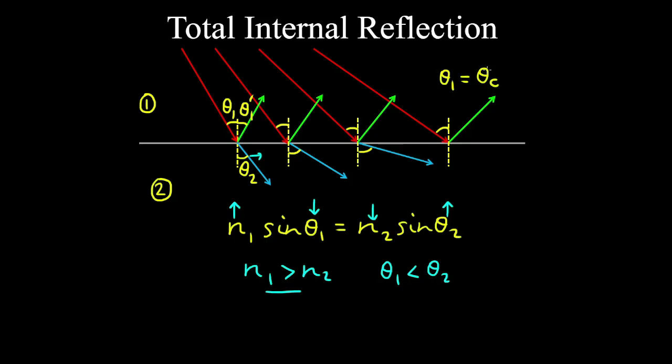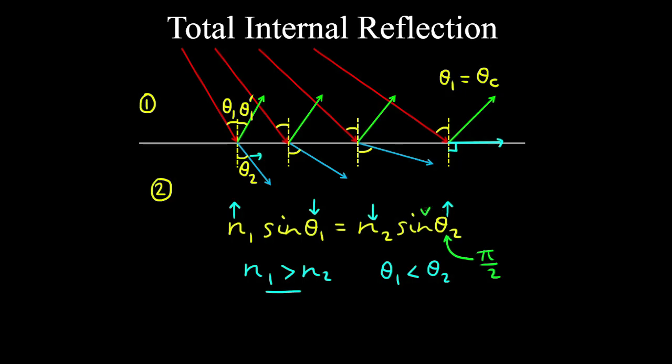So at the critical angle, the light ray refracts at 90 degrees to the normal to the surface, so it travels along the surface of the material. And at this critical angle of incidence, we take theta 2, being the angle of refraction, as 90 degrees to the normal to the surface.